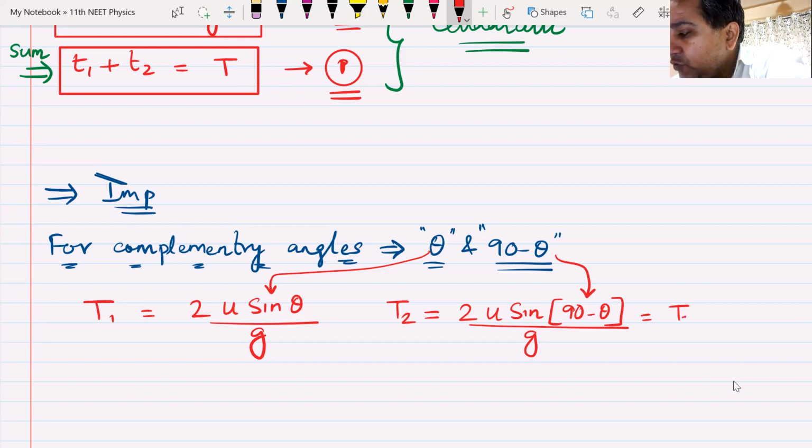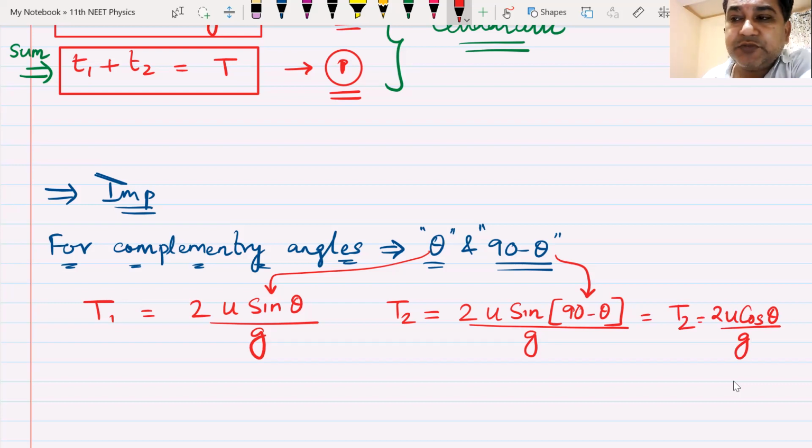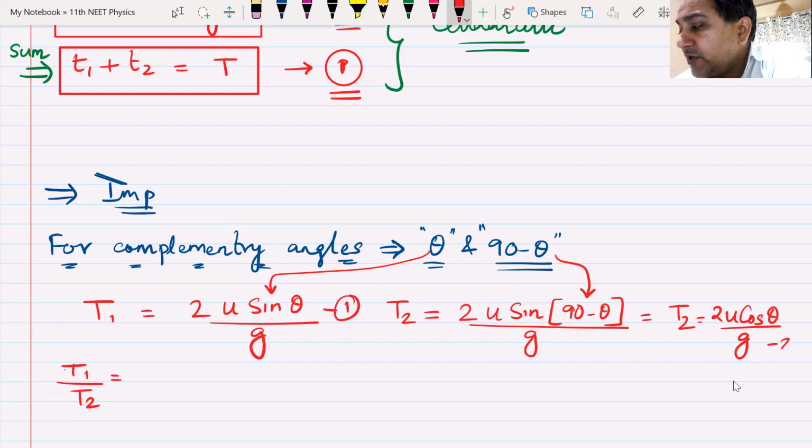So T2 becomes 2u cos theta by g. So I have T1 divided by T2. If I divide equation number 1 by equation number 2, what will I get?